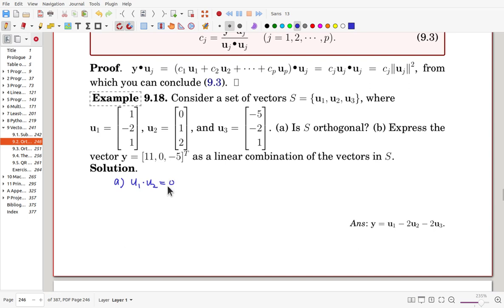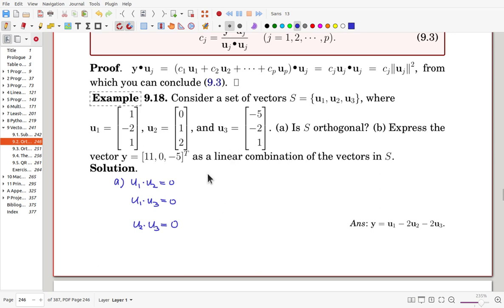Okay, it is 0. How about u1 dot u3? Here, minus 5 plus 4 plus 1. Yes, again 0. How about u2 dot u3? Again, 0 minus 2 plus 2, so this is 0. So the set of these three vectors is orthogonal.